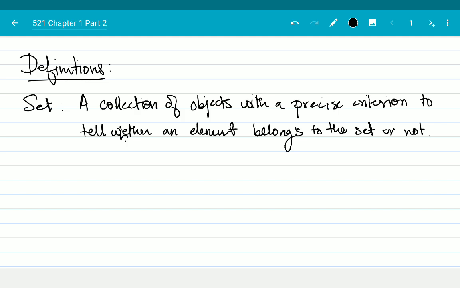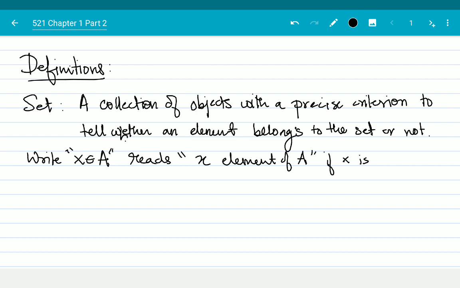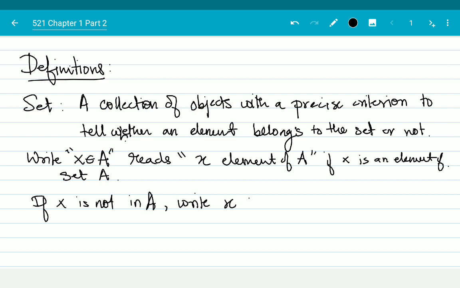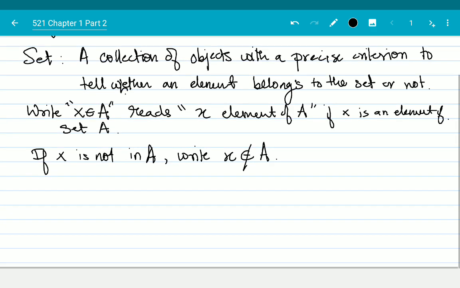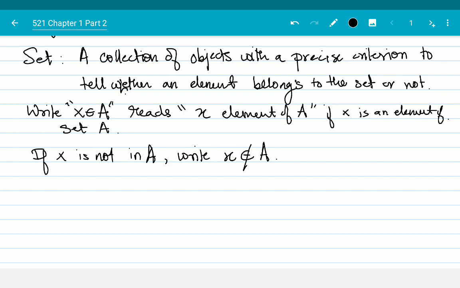We write x in A, which reads x is an element of A, if x is an element of the set A. If x is not in A, we write x not in A.